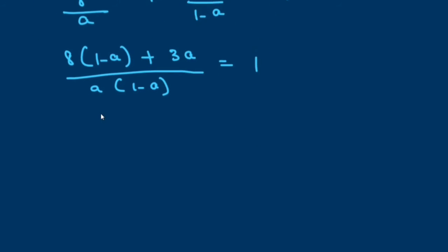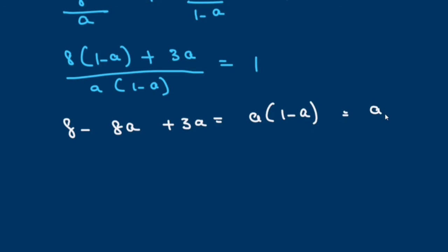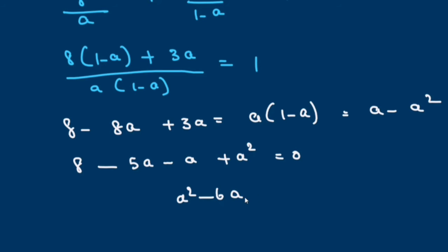So what do you get now? 8 minus 8A plus 3A is equal to, take it other side, A into 1 minus A, so that is A minus A square. So 8 minus 5A minus A plus A square equal to 0. So A square minus 6A plus 8 is equal to 0.